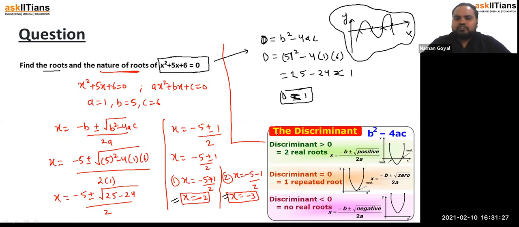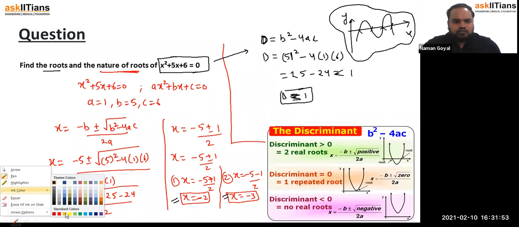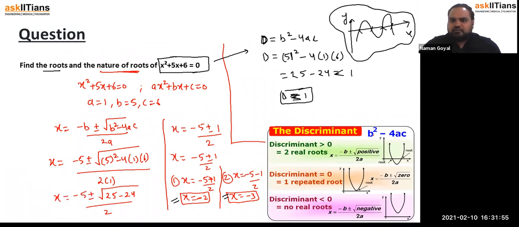Now see, with the help of the concept of discriminant, we can get some knowledge about the graph also. In the next lecture, we are going to learn how we draw the graph, but in today's lecture we can take a little idea about that also. So the discriminant is b square minus 4ac.